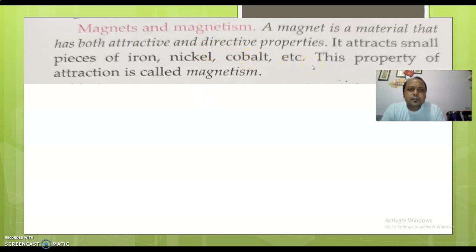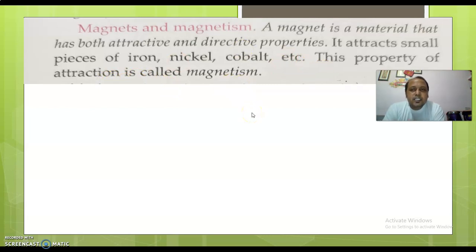Now, it attracts small pieces of iron, nickel, cobalt. These are the magnetic materials. Whenever a magnetic material is placed near a magnet, these materials are attracted. This property of attraction is also known as magnetism.